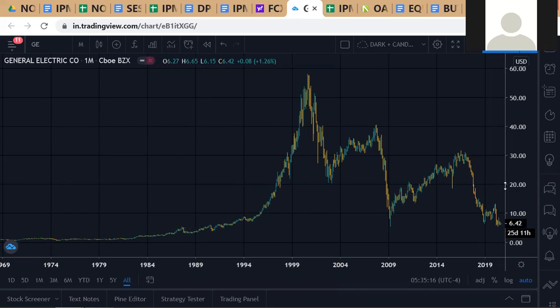If it goes to 20, it's not all the way to 35, but it is closer to 35 than it was at 6.5. So it traces out a pattern where it seems to be reverting to the mean. That's why we say that value investing is an example of a mean reversion strategy.